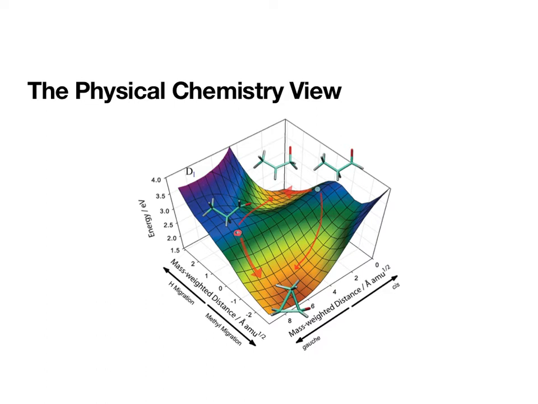So let's say that we start here, and we wanted to get to this minimum energy down here. And the reaction pathway could require us to go through this transition state before lowering down.